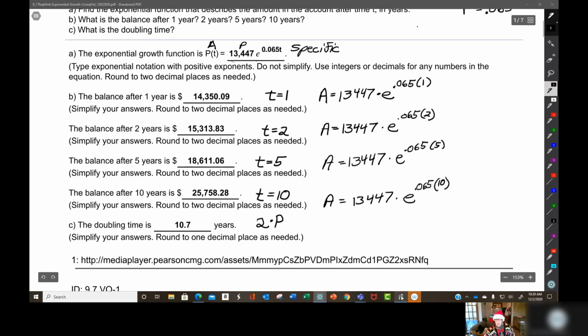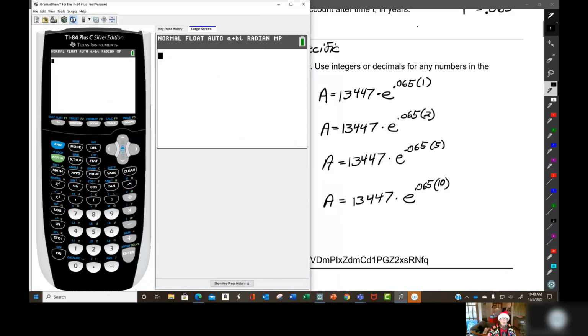So here I go. I'm going to say 13,447 times, and then I'm going to hit the second key and the LN key down here, and that gives me e raised to a power automatically.